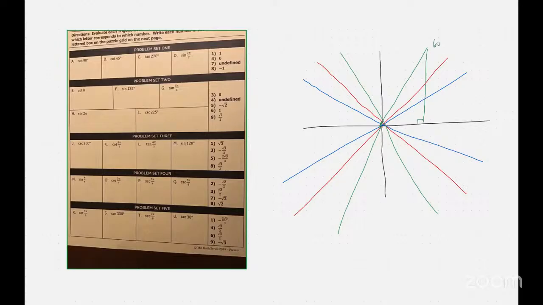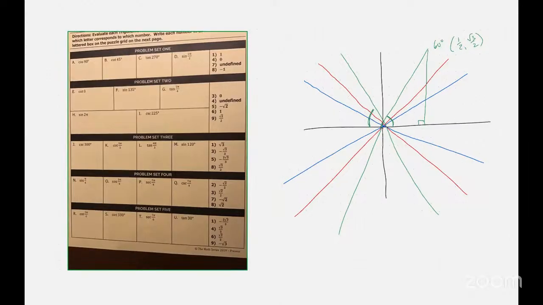And the point is going to be 1/2 comma √3/2. Got it? Yep. And so this point right here is going to be another 60 degrees away. So that's 120 degrees. And it's going to be the same point, except it's going to be a negative x coordinate with the positive y coordinate. You get why?